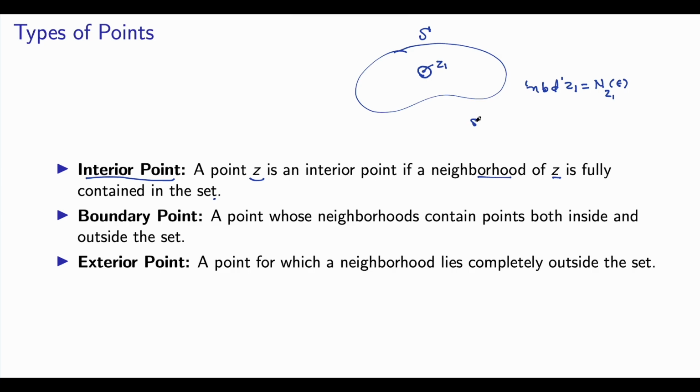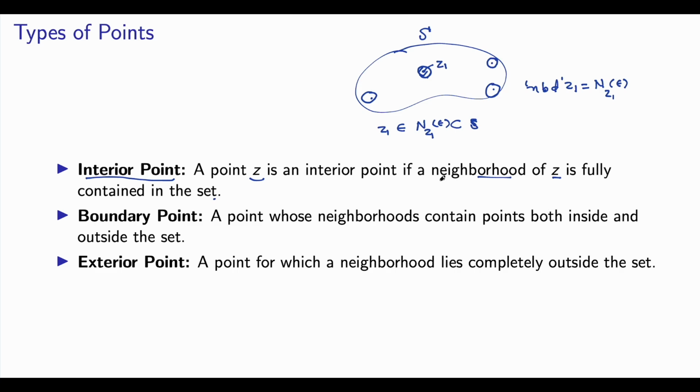So S contains that neighborhood N(Z1, epsilon), right? Z1 already belongs to this neighborhood, and the neighborhood lies completely inside the set. So this point is an interior point: draw a neighborhood and it lies completely inside S. Any point inside S like this is an interior point, right?